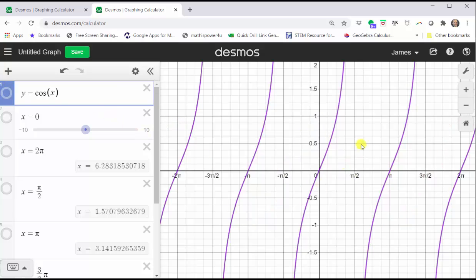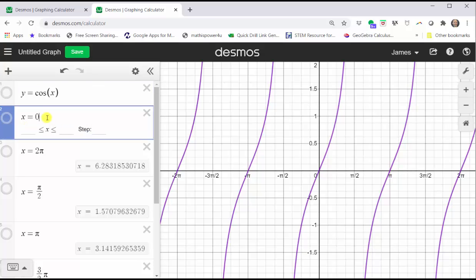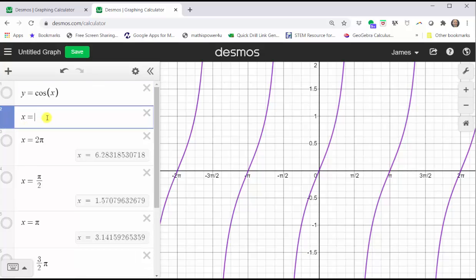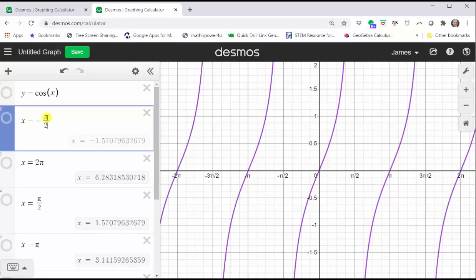And now to graph this by hand, we would focus on one period of the tangent function, typically from negative π/2 to positive π/2, break this interval into 4 equal subintervals, and then recognize 3 key points to graph the function. So let's change our vertical lines to x equals negative π divided by 2, positive π divided by 2.